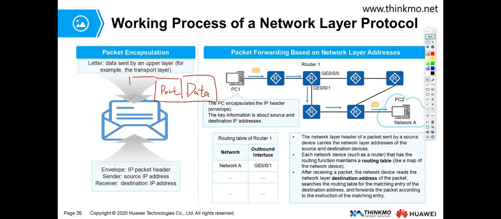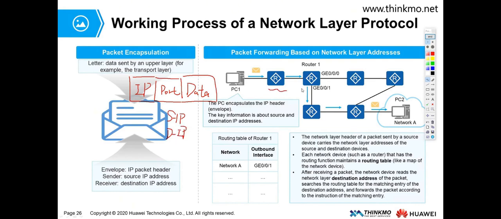Once we reach the third layer, we add a network layer encapsulation, using IP. Here, we also refer to this as an IP header. We place the source IP address and the destination IP address into our header. The source IP address means who I am, what my IP address is, and the destination IP means whose IP address I want to access.